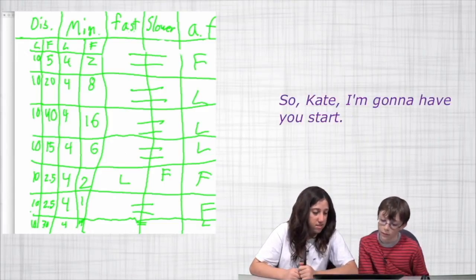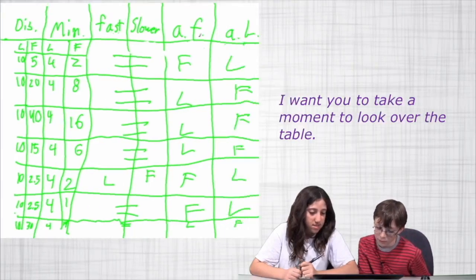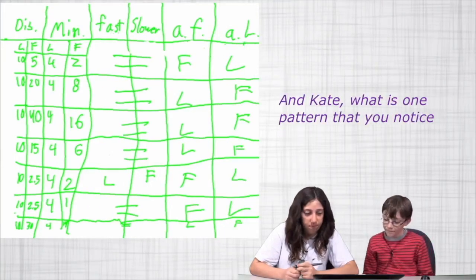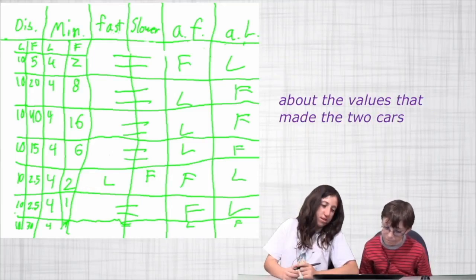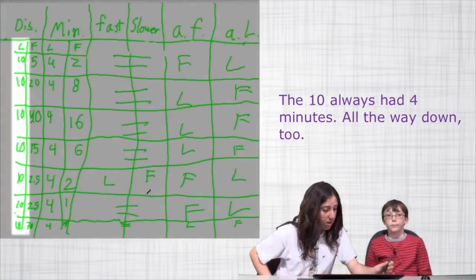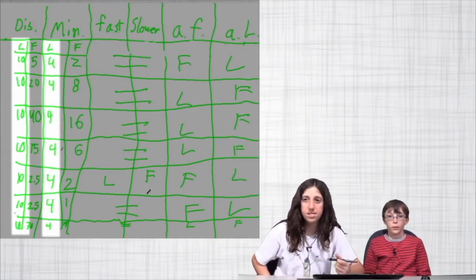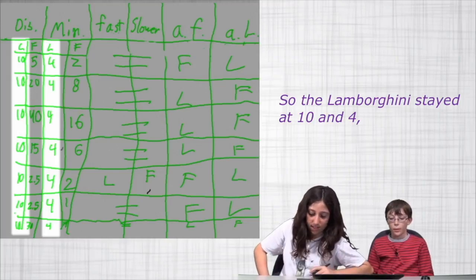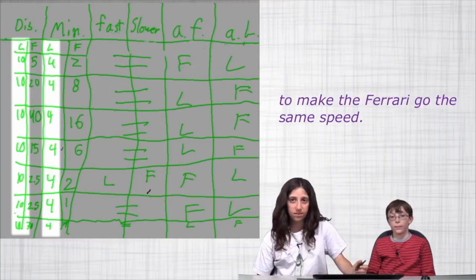So Kate, I'm going to have you start. I want you to take a moment to look over the table. And Kate, what is one pattern that you notice about the values that made the 2 cars go the same speed? The 10 always has 4 minutes all the way down. So the Lamborghini stayed at 10 and 4, and the goal is to find values to make the Ferrari go the same speed.